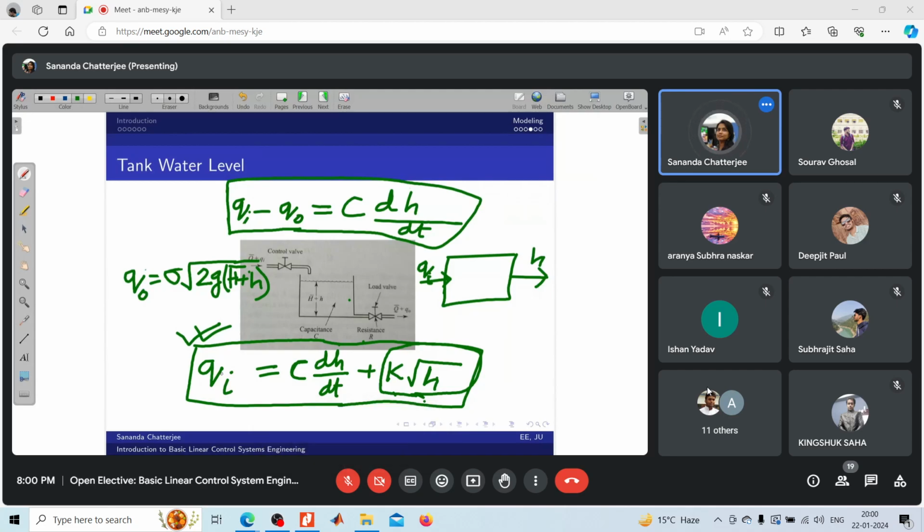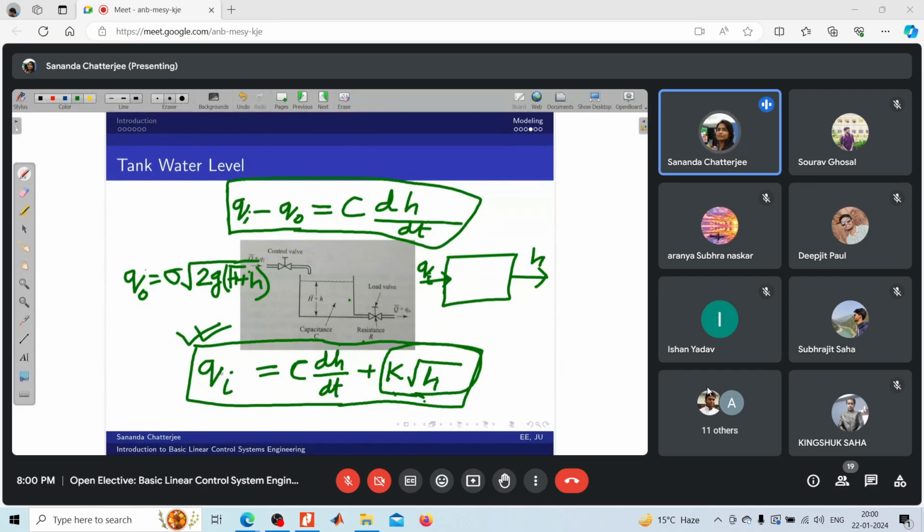If it is an algebraic equation, that is a static system. If it is a differential equation, that means it's a dynamic system. Then we see what is the order of the differential equation. If n is the order of the differential equation, that means there are n energy storing elements present in the system. Therefore, the system is nth order.